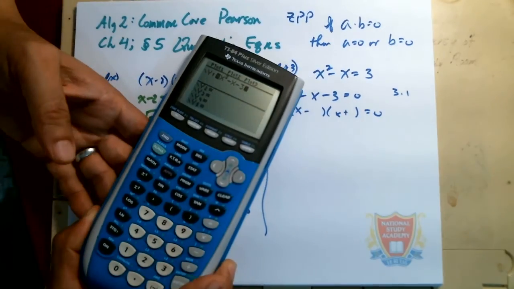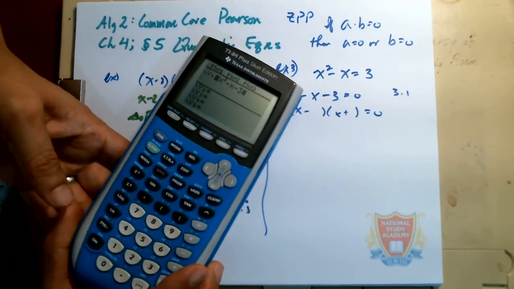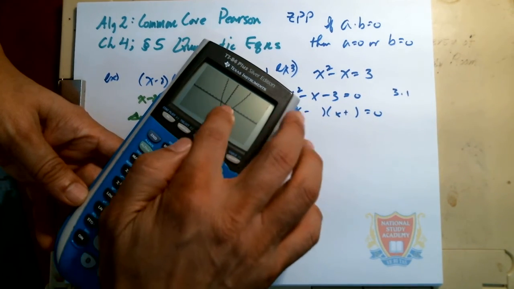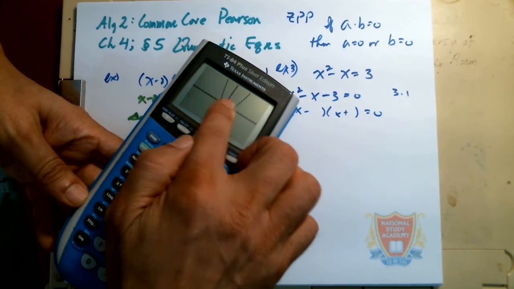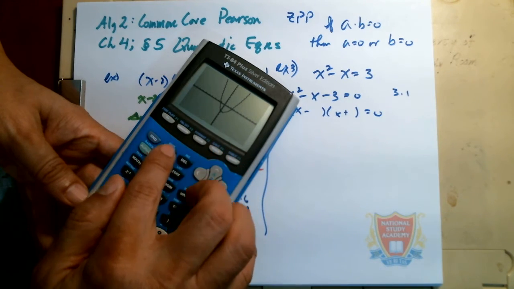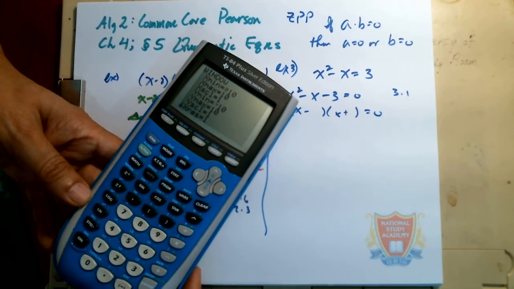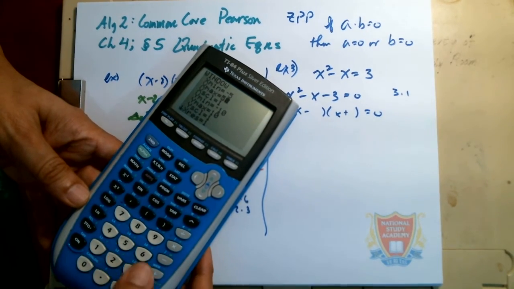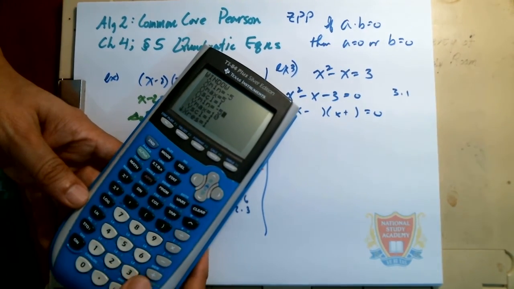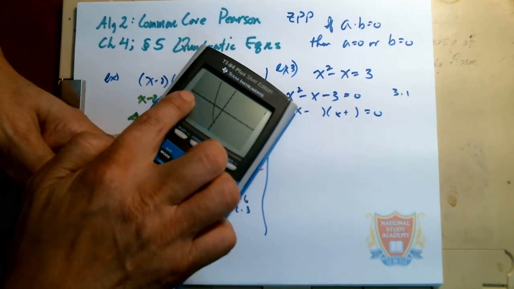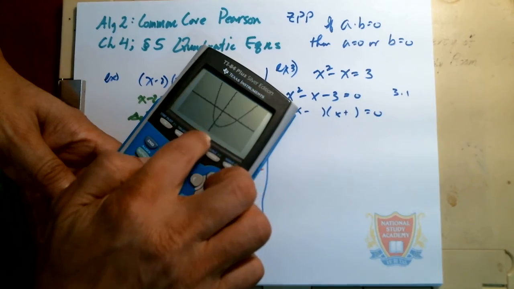And then we're going to graph it out. It's kind of really small right here, so I'm going to zoom in a little bit. I'm going to go into Window, from -5 to 5 on my x coordinate and -5 to 5 on my y coordinate.